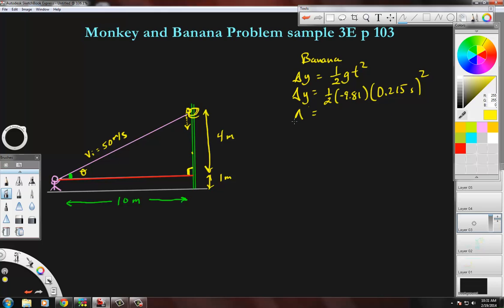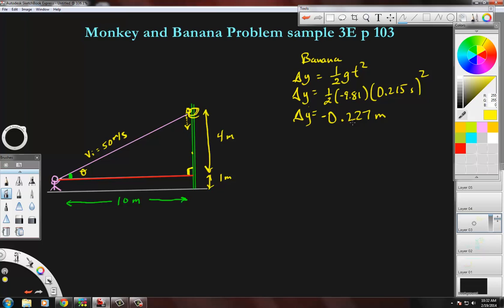Now, when you take 0.215, square it, and times it by this, you're going to wind up getting something like negative 0.227 meters. In other words, from the monkey's hand, this thing fell 0.227 meters.